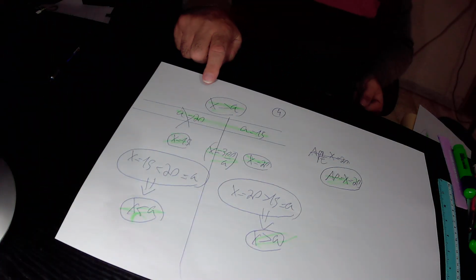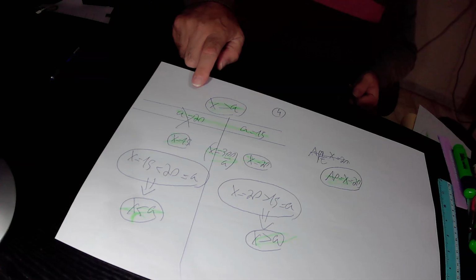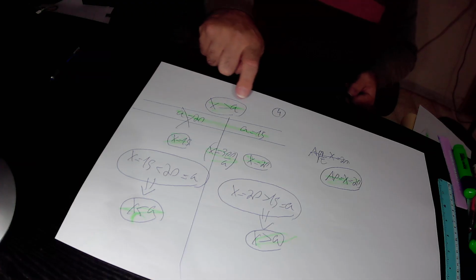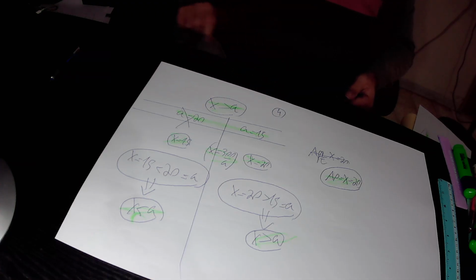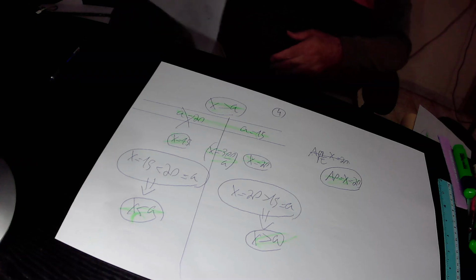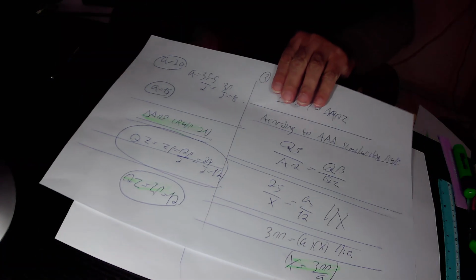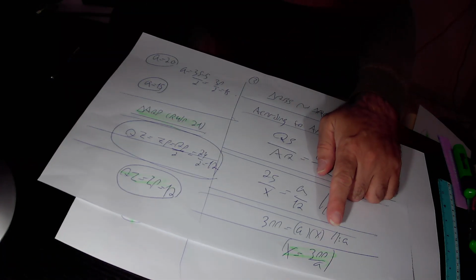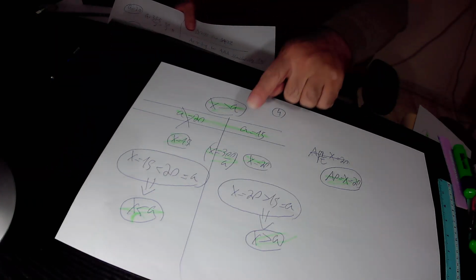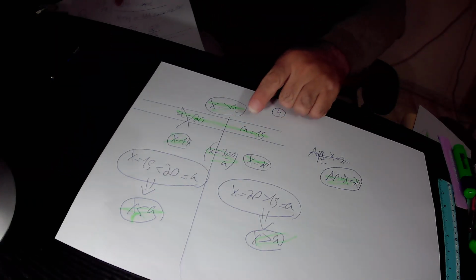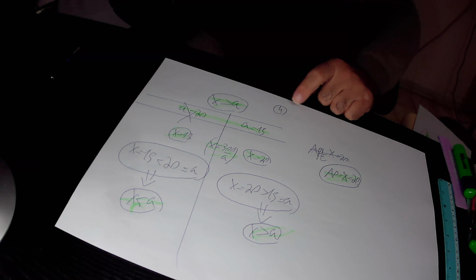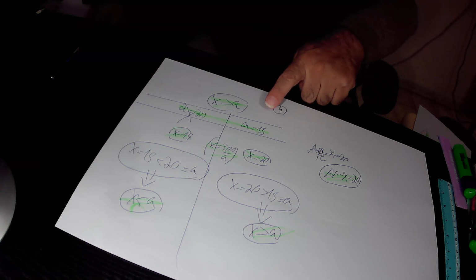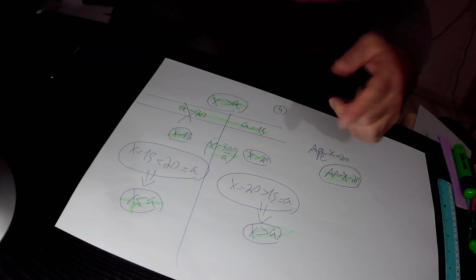So we have two possible solutions for a. a could be equal to either 20 or to 15. We already found out that x equals 300 over a. So according to this equation, if a equals 15, then x must be equal to 300 over 15, that is 20.